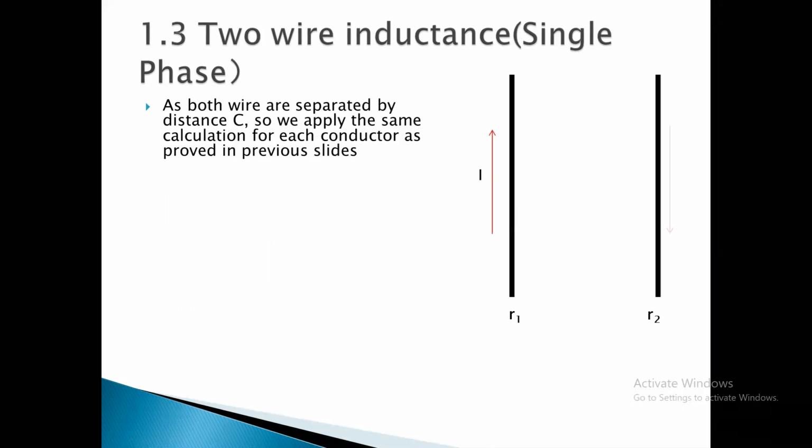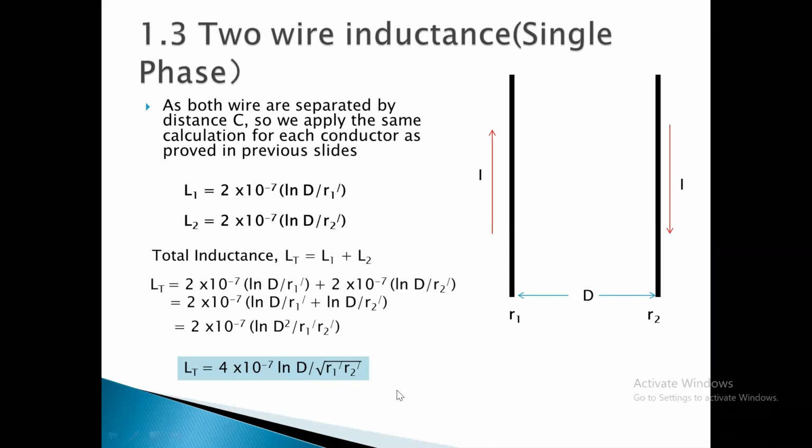We will see that in three conductors, it is (r1' r2' r3') raised to power 1 divided by 3. I will solve problems in the next lecture. Here I am just clearing the formula and the tricks for how you can remember it and where this formula came from. So you got up to this point, you understood it?